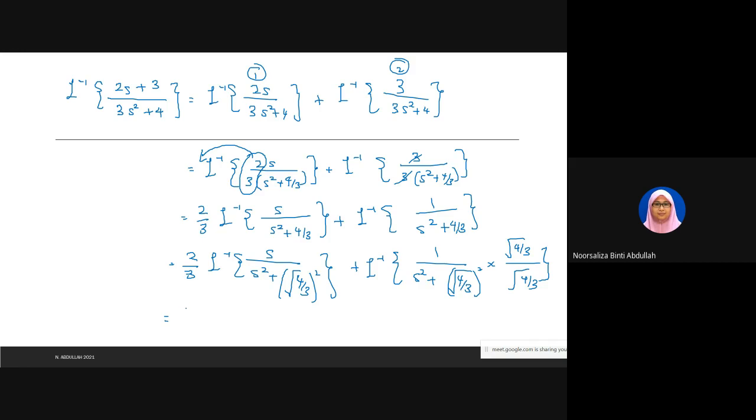So you have here 2/3 sine or cos here. If you have s here, this one will be cos.